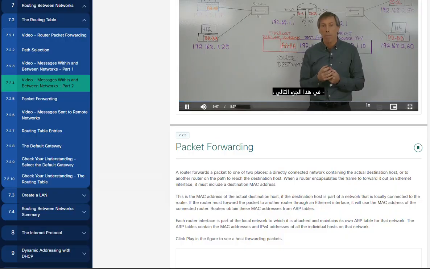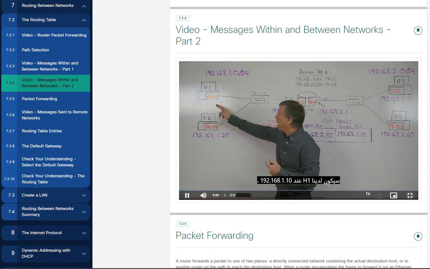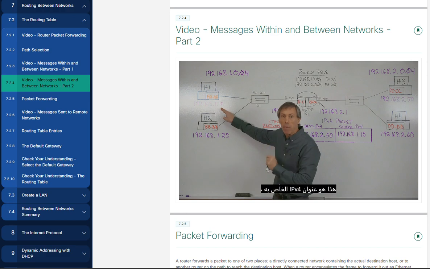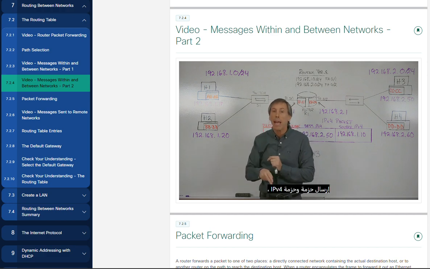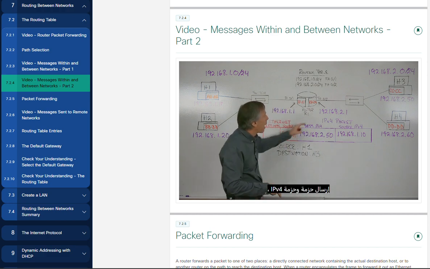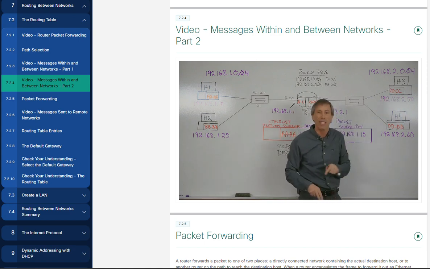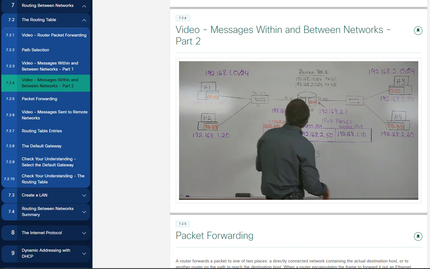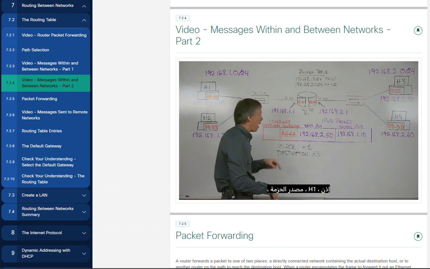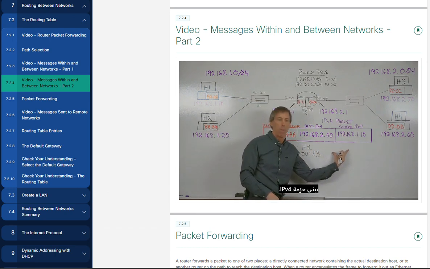In this next part, we're going to have H1 at 192.168.1.10, that's its IPv4 address, send an IPv4 packet to 192.168.2.50, host H3. So H1, the source of the packet, builds the IPv4 packet.